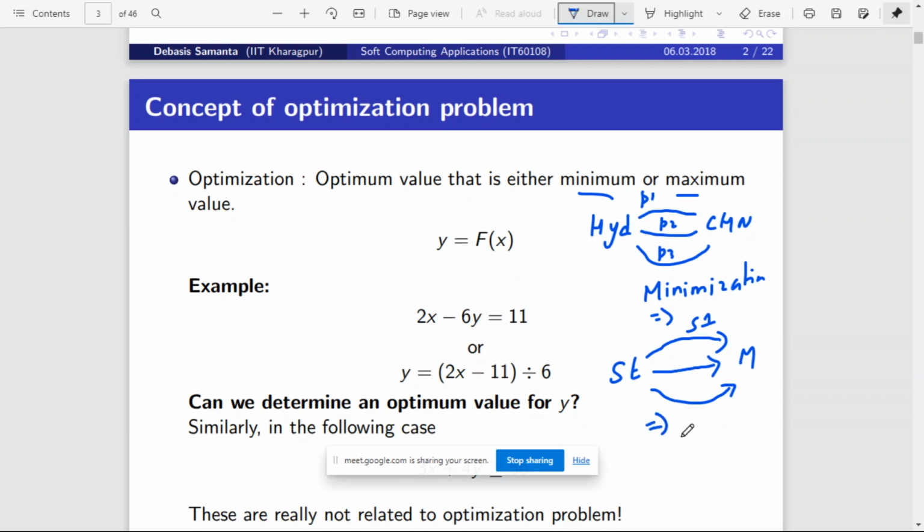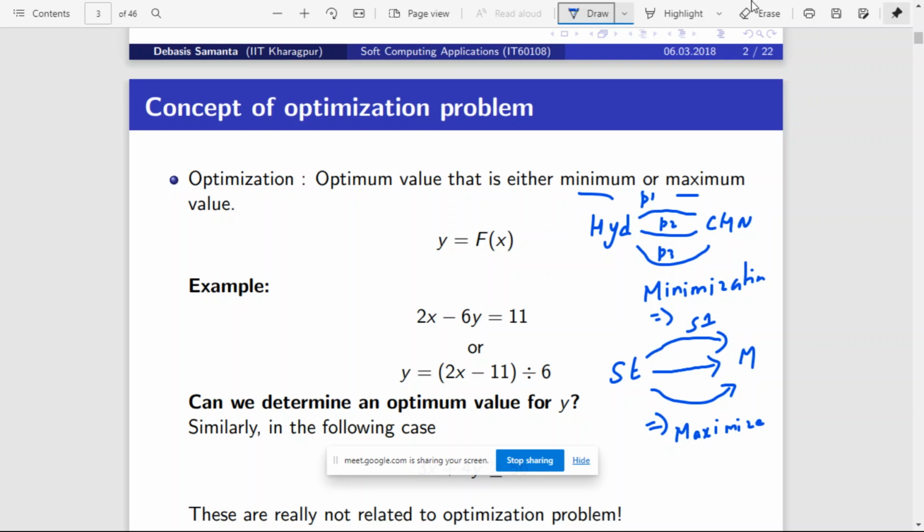The objective is to minimize or maximize. In the first case, it is to minimize. In the second case, maximize, because we want more marks. So if I follow which strategy, my marks will increase. It actually depends on the type of the problem. Either we want to minimize or we want to maximize.